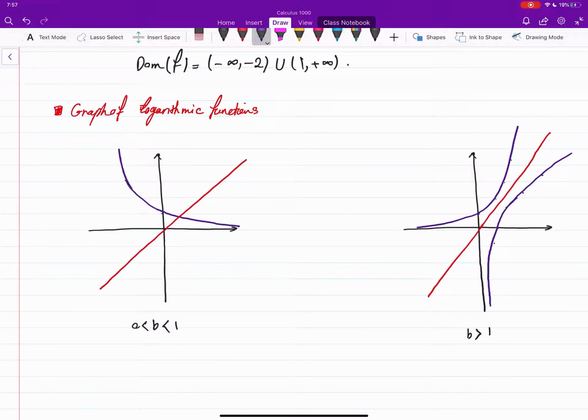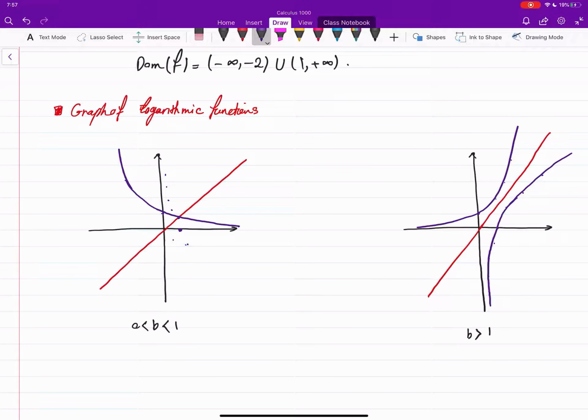For this other one, you do kind of the same thing. Here, you stay the same. Here goes almost there, and here goes here. These are going down there like that, and so on.